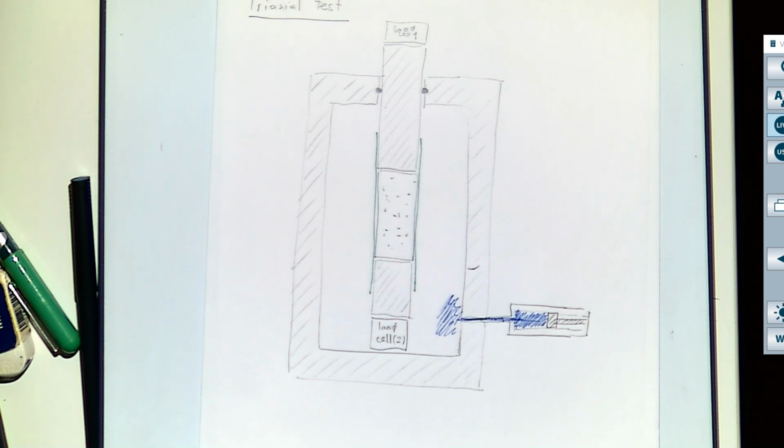And the fluid goes inside here, and we have two ports because sometimes we need to bleed the system so we don't pressurize air. And with that device, we can apply a constant pressure, which is going to be called a confining pressure, and it's going to go with the name of PC.